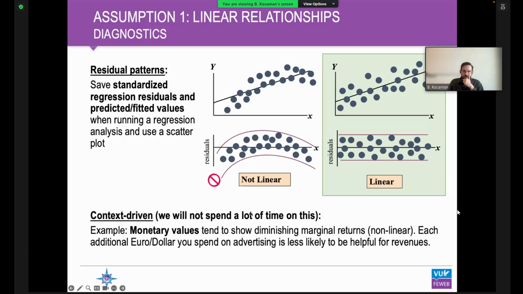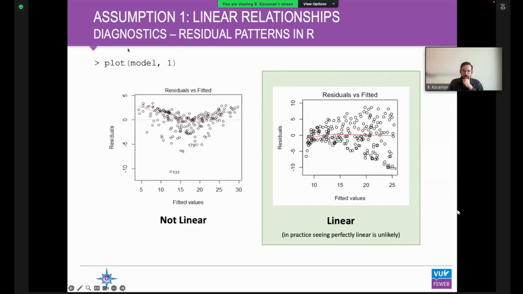So this is what's called diminishing returns. It's a nonlinear relationship, and using a transformation really helps. Anyways, let's move on with how you can actually look at this linearity assumption in R.